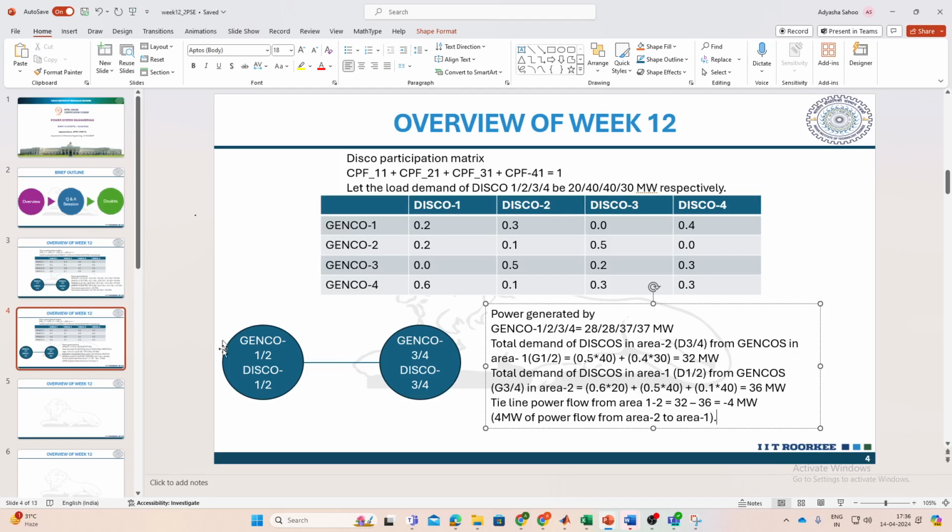So I hope this part was clear, and how we calculate this tie line power flow.